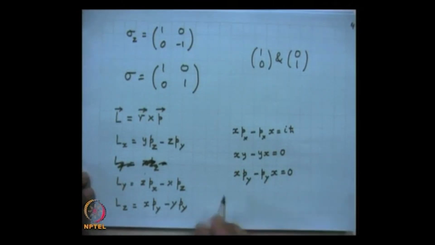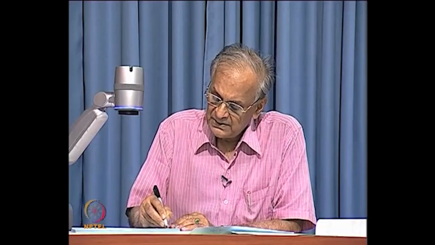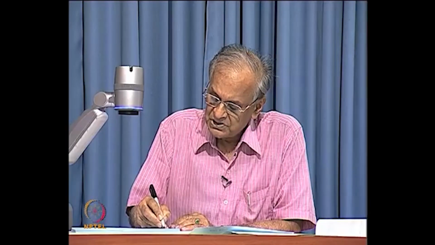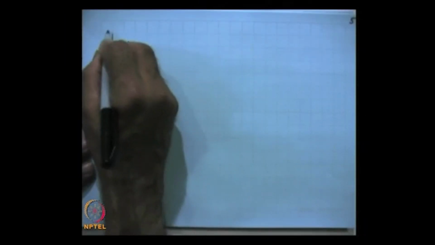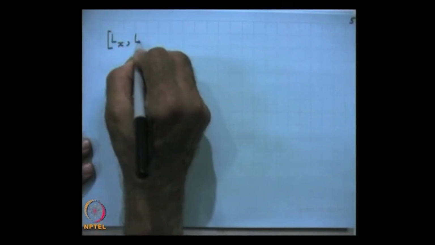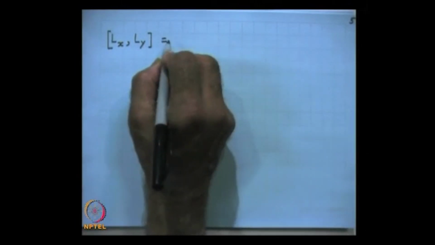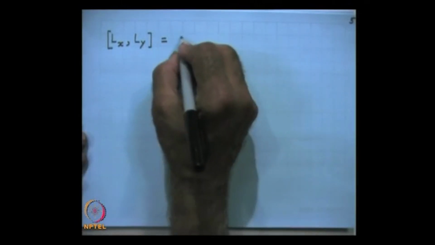With this, we will now calculate the commutation relation between Lx and Ly. Let me calculate the commutator of Lx and Ly. We have to do this a little carefully, putting things in proper order.